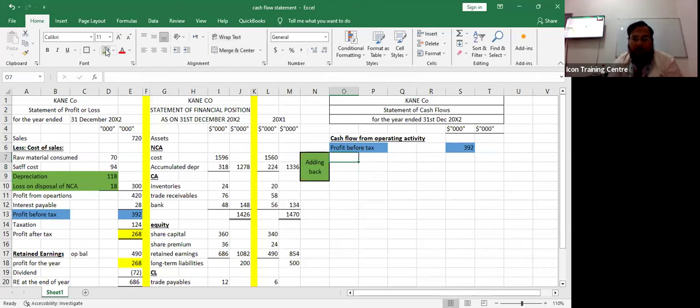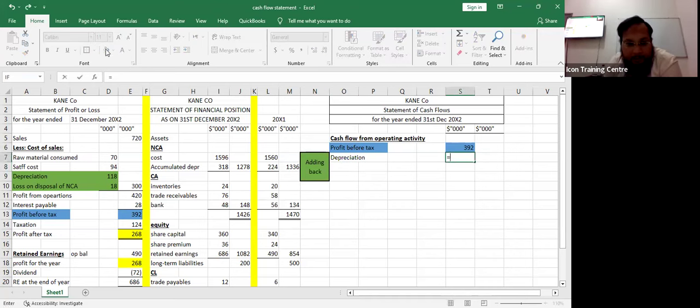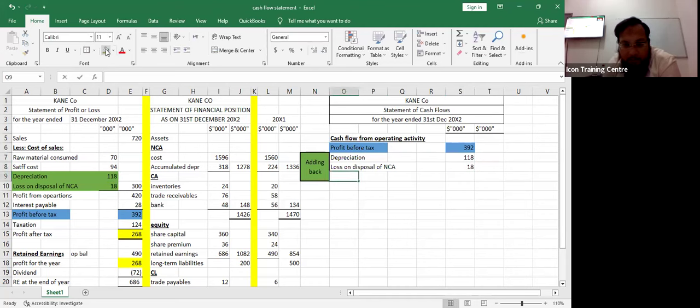The first thing we are adding back is depreciation, and the amount is 118. Then we are adding back loss on disposal, and the amount is 18. And further, we are also adding back the interest payable expense, because we do not pay it to someone.